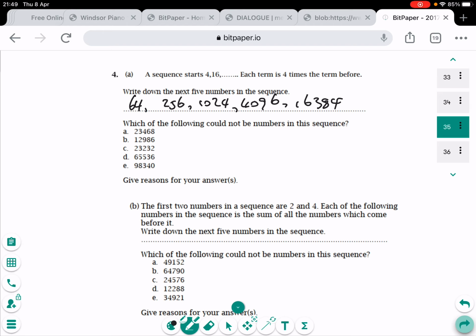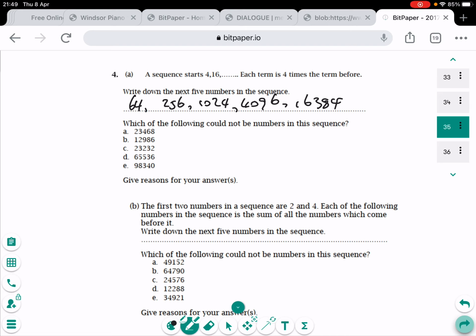It might take a while for you to do, what's that called again?